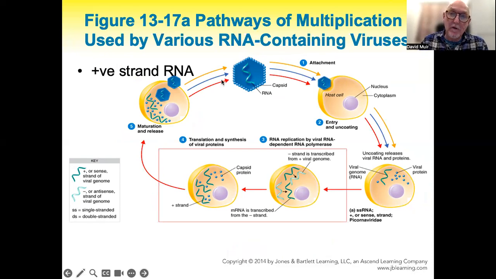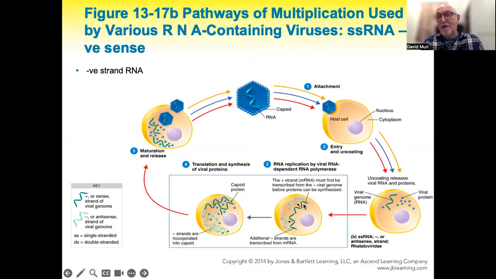We've already heard that, again, they have to attach, they have to get into the cell, the capsid is broken down, and the viral genome is released. And in the case of positive strands, that positive strand is not replicated directly, it is transcribed to a negative strand.